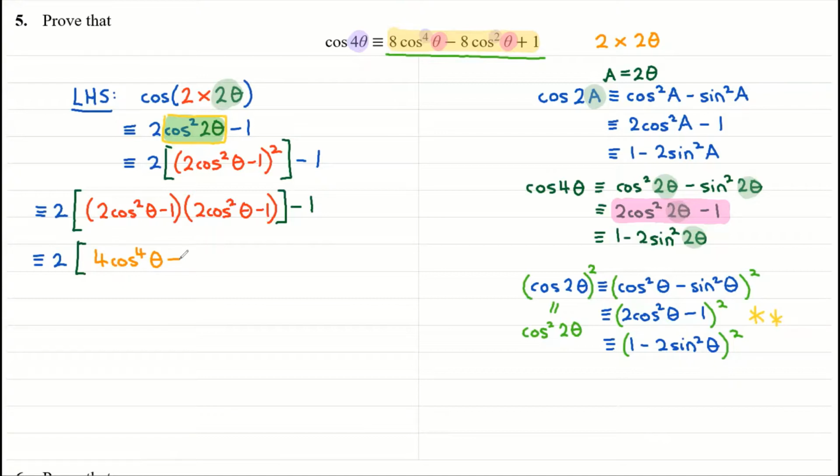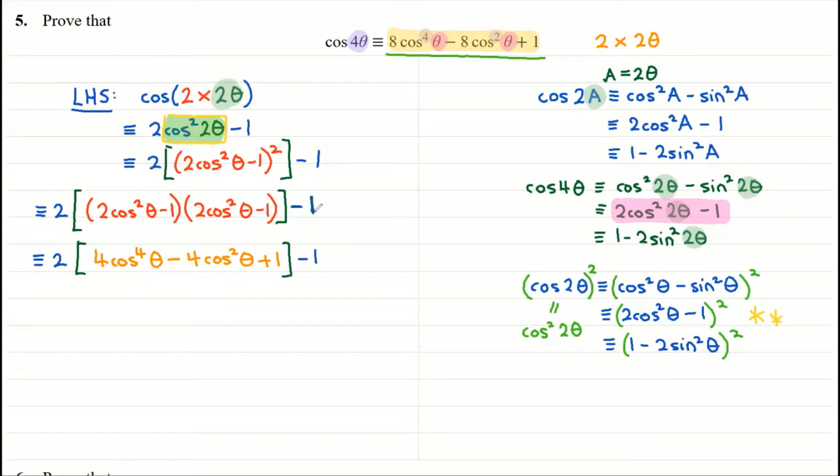Now there's going to be 2 lots of minus 2 cos squared theta, so that's going to be subtract 4 cos squared theta. Just be very careful with the powers here. And then that's going to be a plus 1. Then we close the big green brackets, and then we subtract 1 off the end. I should have done that in blue in the previous step, but never mind.